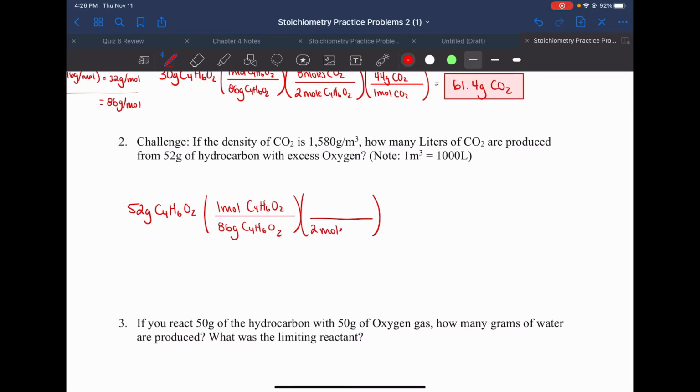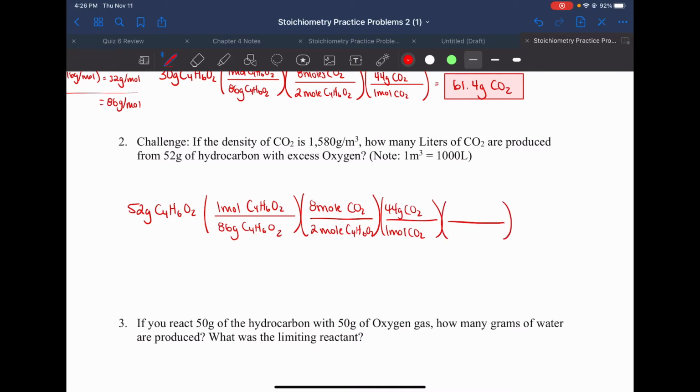So if you're a little confused about why I'm doing this, just review the last problem. Or sorry, problem 1, if you're jumping back to this from later. All right, and then for every 1 mole of CO2, we get 44 grams. Okay, so we got into grams of CO2.